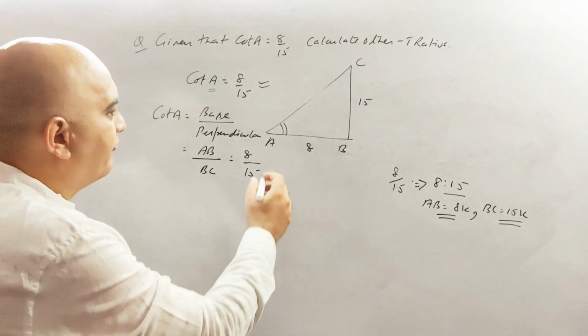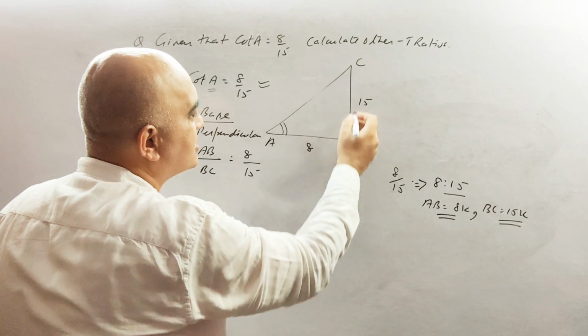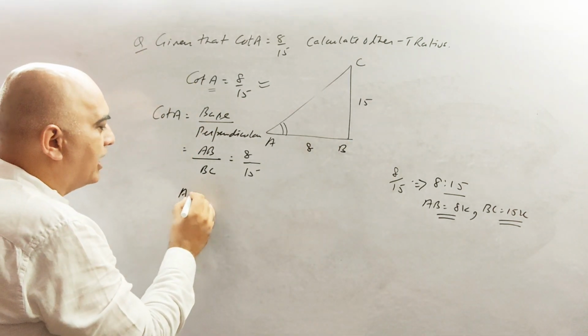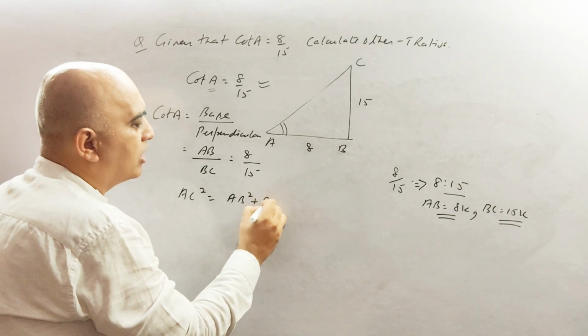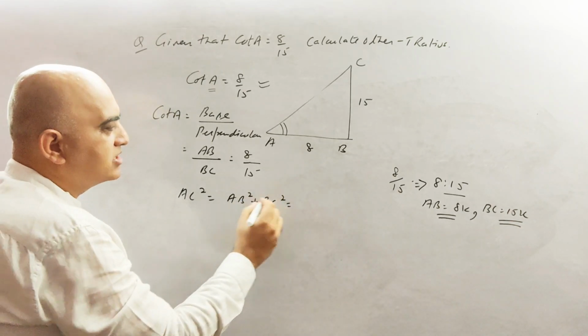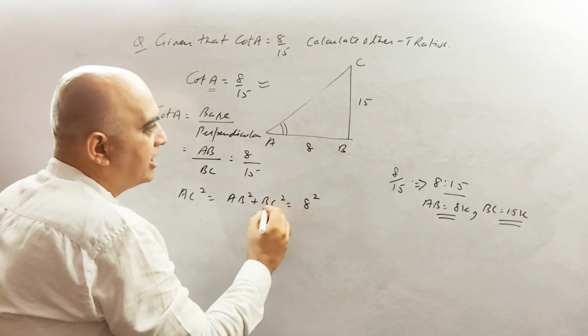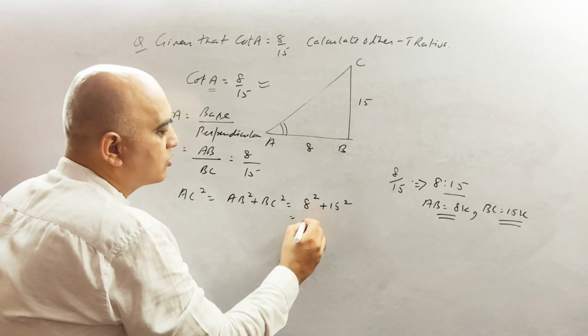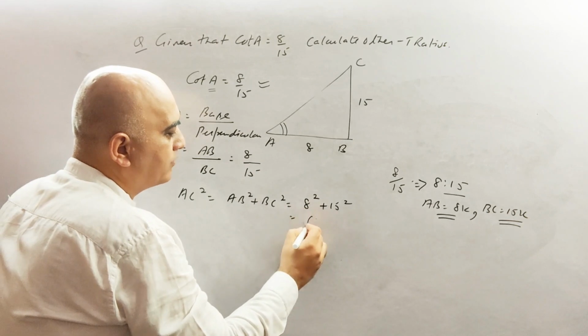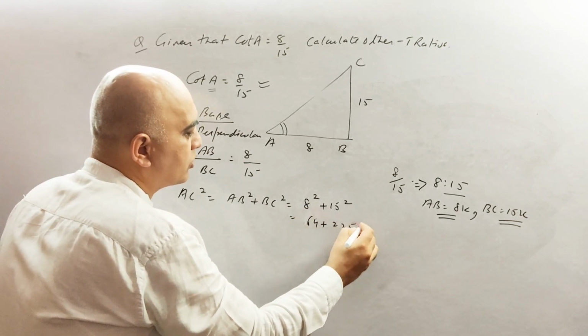You can take 8K or 15K in place of AB and BC, or you can take 8 or 15 simply, right? So when we take this as 8 and this as 15, then we can use Pythagoras theorem, that is AC square equals AB square plus BC square. What is the value of AB? That is 8. And what is BC? That is 15. Then this equals 8 square, that is 64, plus 225.